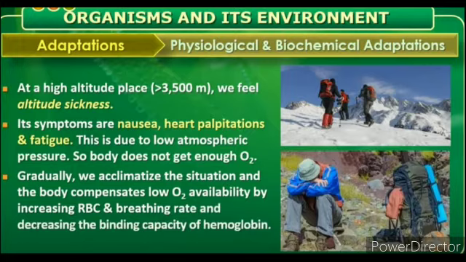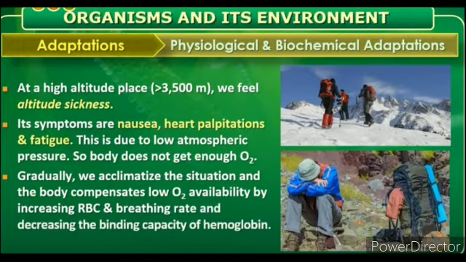This is because in the low atmospheric pressure of high altitudes, the body does not get enough oxygen, but gradually you get acclimatized and stop experiencing altitude sickness. How did your body solve this problem?